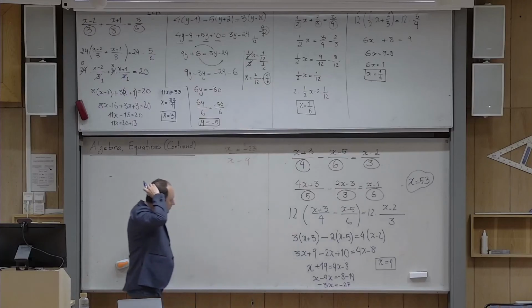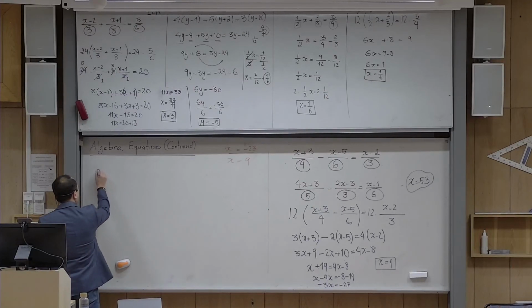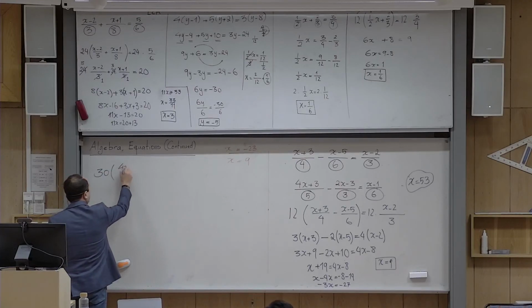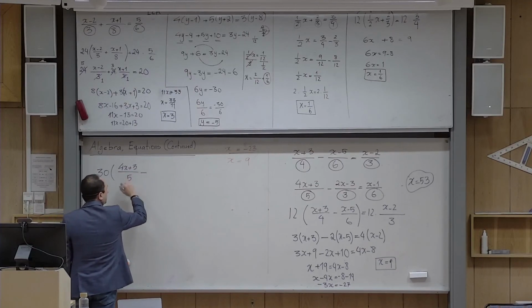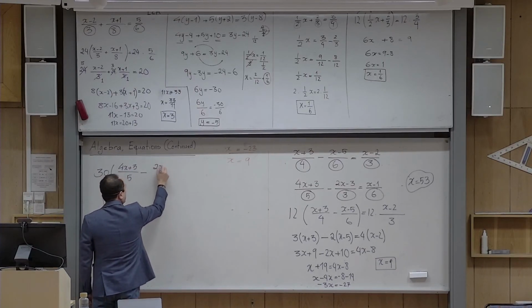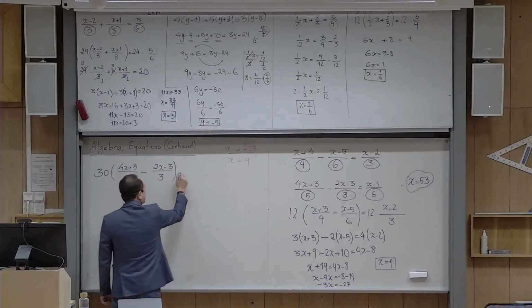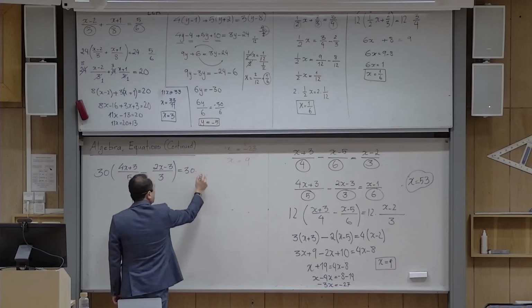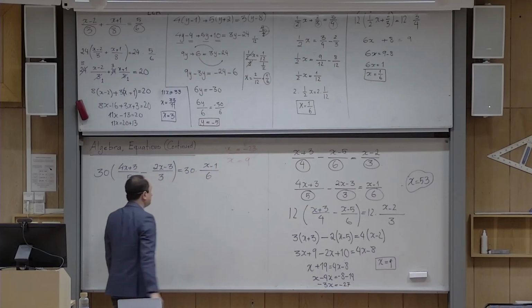I hope you agree this method is very efficient rather than working with fractions. So you multiply by 30. Let me write this step. 30 multiplied by the left-hand side, which is (4x plus 3) divided by 5, minus (2x minus 3) divided by 3, is equal to 30 multiplied by (x minus 1) divided by 6.